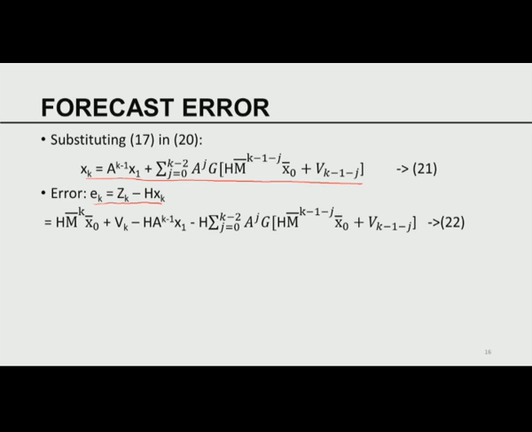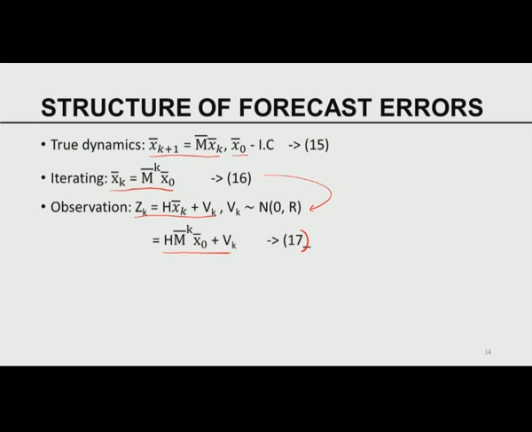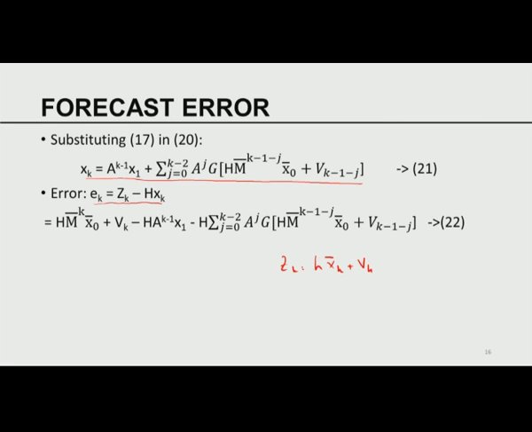Therefore I know zk; please remember zk is equal to h of xk bar plus vk. H of xk bar we have already computed in equation 16. Based on h of xk bar, I also have a relation for zk from 17.